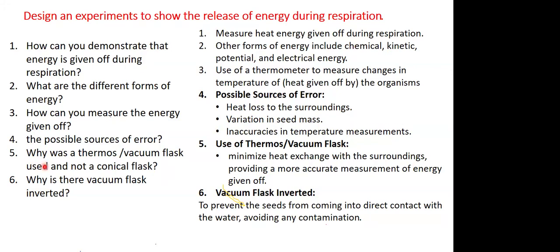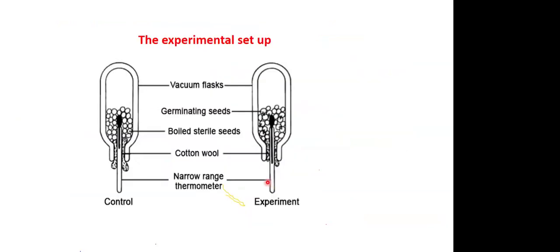So that means your thermometer will not read all the heat lost. But also, if you don't use enough cotton wool, because if you look, we have cotton wool here. If the cotton wool is not well put, then there's going to be escape of heat to the surrounding, which is going to be a big issue. Okay, so that is very, very important.